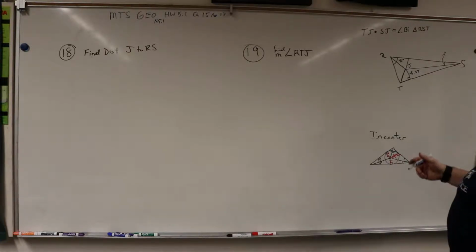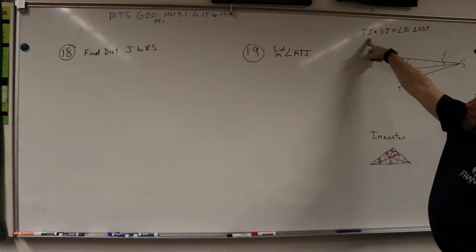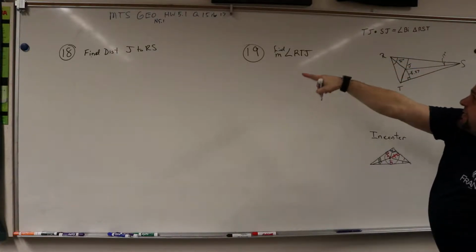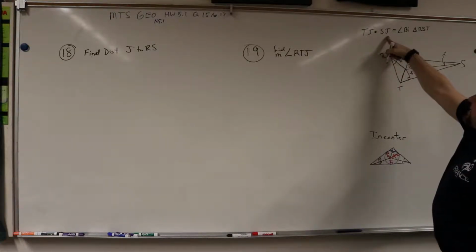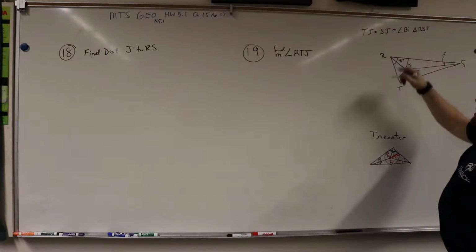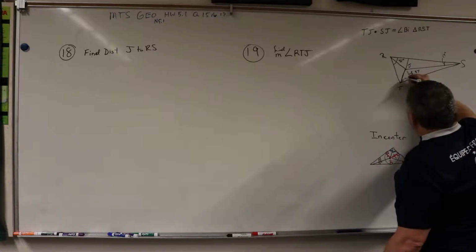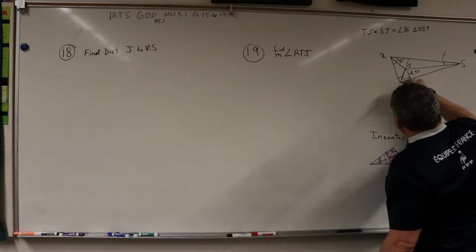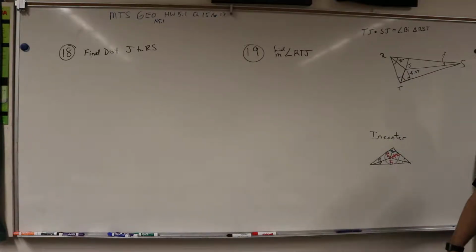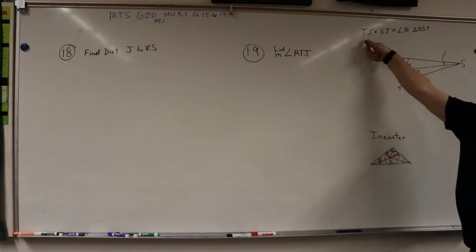Since we already know, given in this problem, that in 18, TJ and ST are angle bisectors, that means that TJ, right? So right here, we know that this angle is congruent to this angle, because of the given.